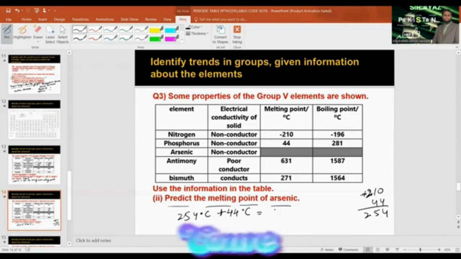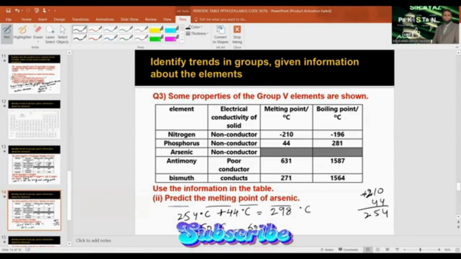What will you get? You will get 298 degrees centigrade. The marking key says that it should be between 500 degrees centigrade to 600 degrees centigrade. So according to the marking key, our answer is correct.